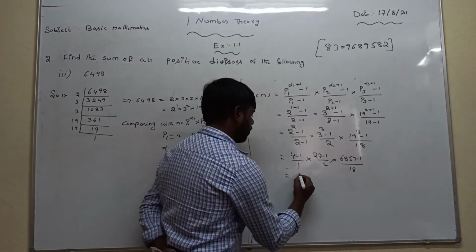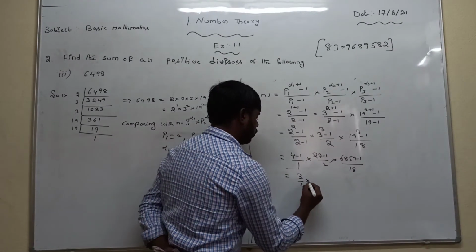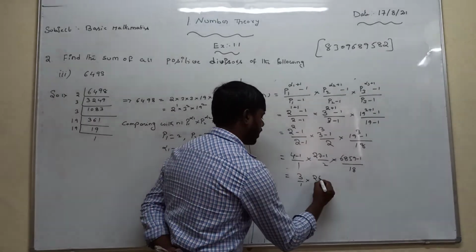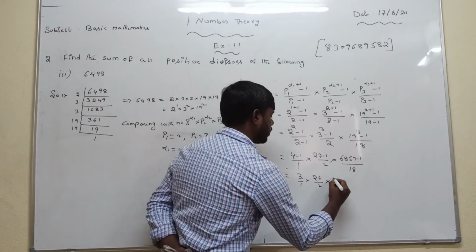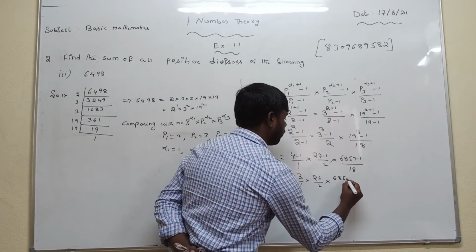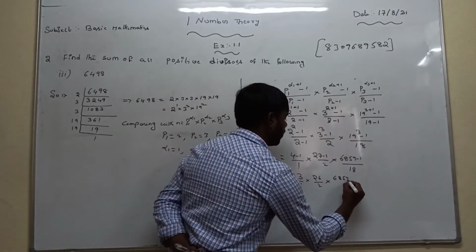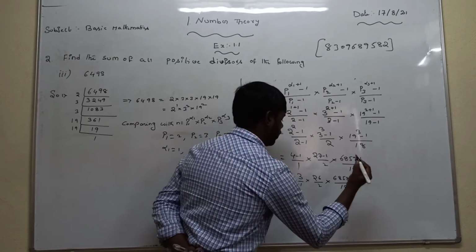Now 4 minus 1 is 3 by 1, into 27 minus 1 is 26 by 2, into 6859 minus 1 is 6858 divided by 18.